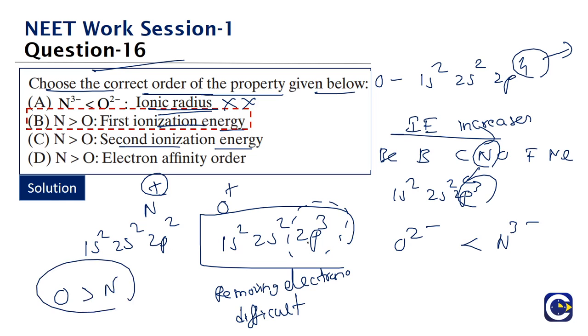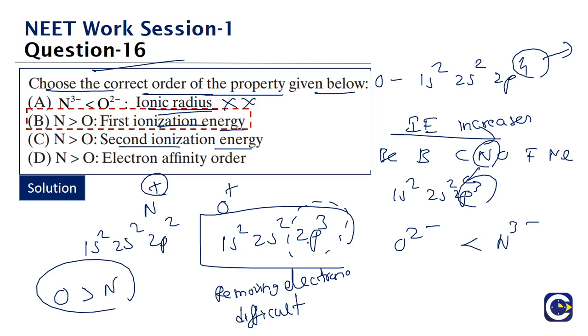Why? Because after removing one electron, the electronic arrangement of the O+ ion has become the previous nitrogen arrangement, which is the half-filled p structure. That way it will require more energy for the removal of an electron. So C is incorrect.